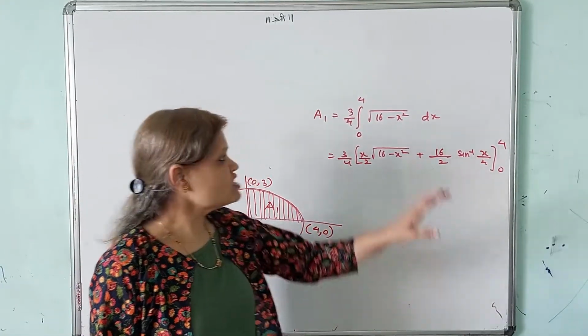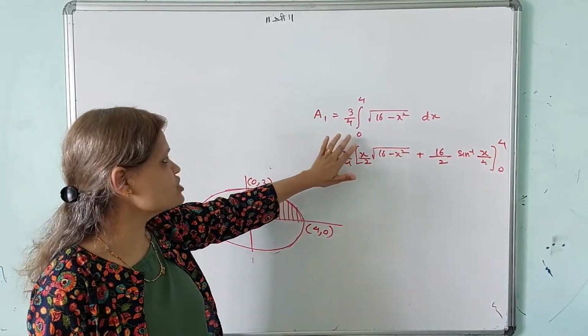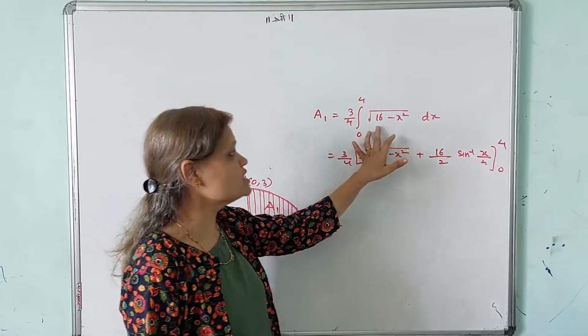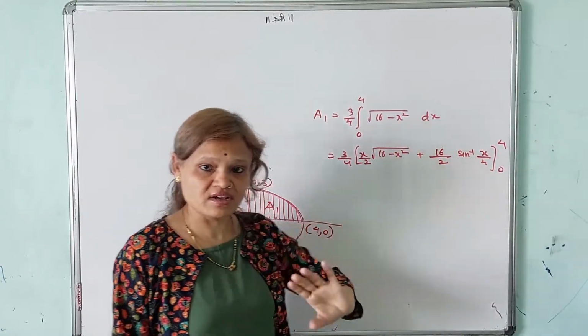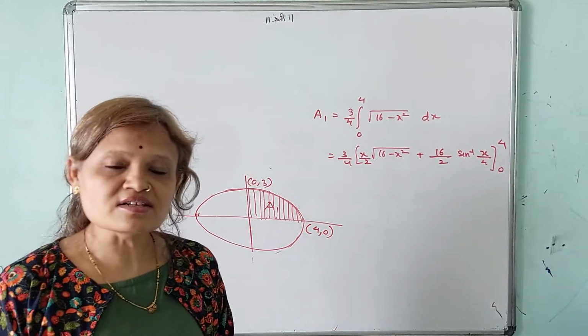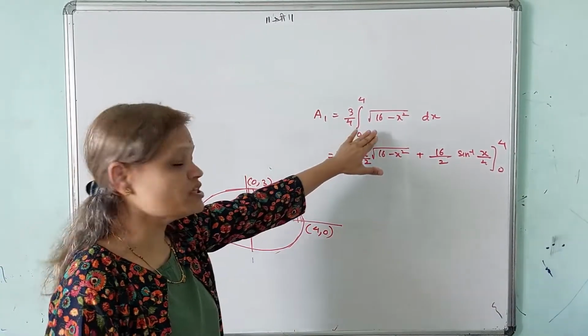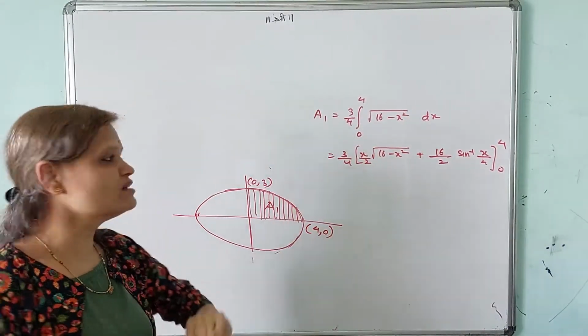Okay, so we have substituted our y here. 3 by 4 constant I have taken out of integration. So integral 0 to 4 under root 16 minus x square dx. Now this is the identity. Of course, all your identities should be perfectly done, because you cannot go ahead if you don't know this identity. This is that lengthy identity.